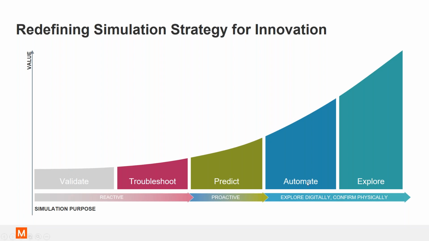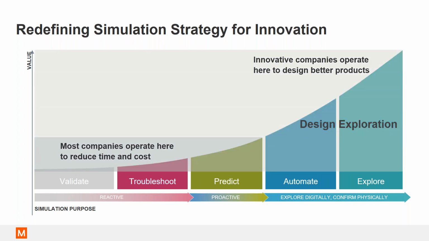I think we're all fairly familiar with the use of simulation. Classically, most people are using simulation to validate, troubleshoot, and predict the performance at individual points of their products. We've all got access to this. The examples we've been showing today really take it up to the next level.